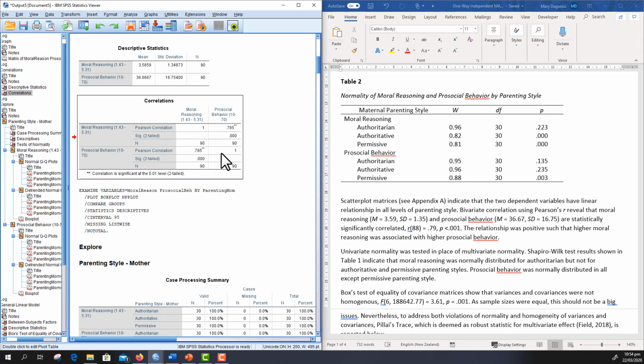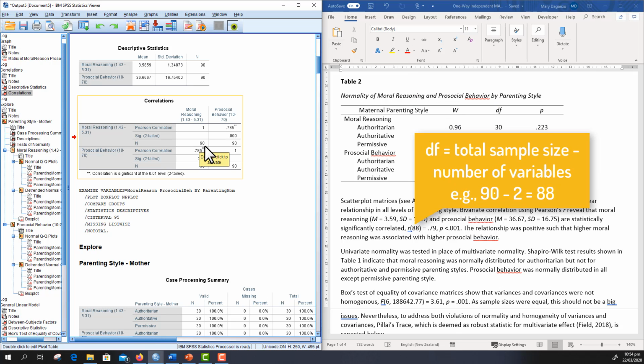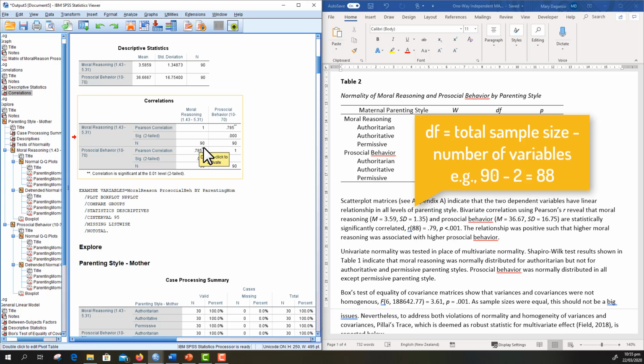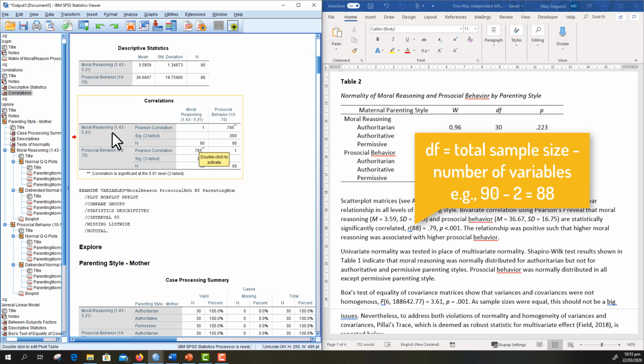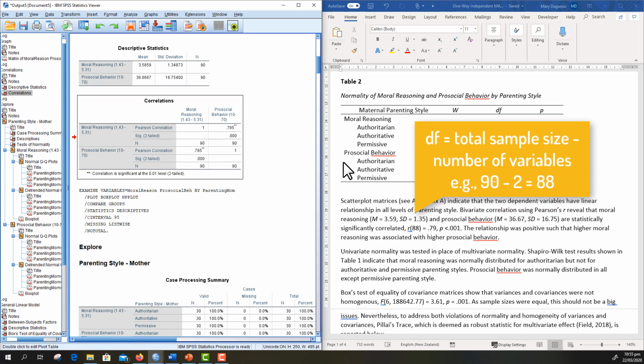Although you wouldn't see it here from the correlations table, essentially this is computed by subtracting the number of variables from the sample size. So our sample size is 90, and we have two variables being correlated here, which are moral reasoning and pro-social behavior.